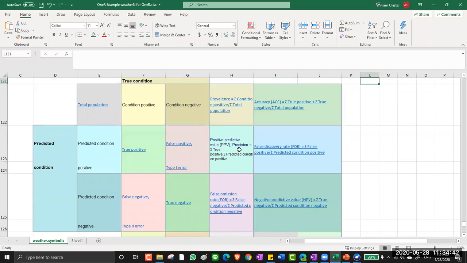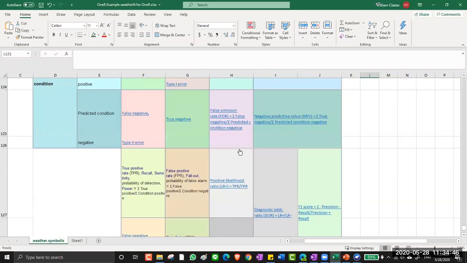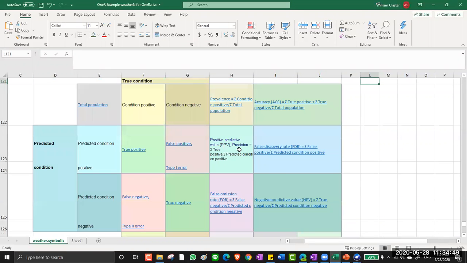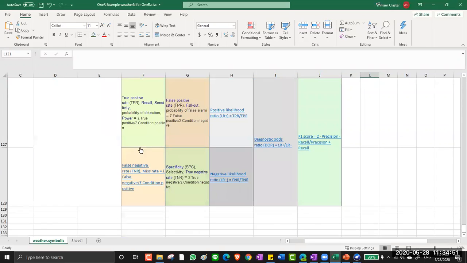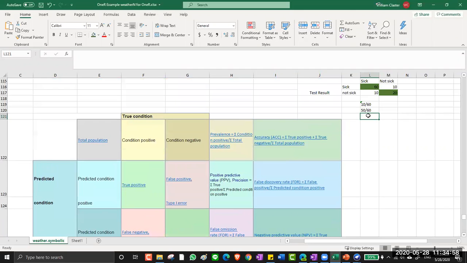Sensitivity and precision are two terms that are used often. So sensitivity is the one that we just did. We would say that this test has sensitivity of 50 over 60, and the precision is, I'm not sure. Let's not do it right now because I want to go to probability.